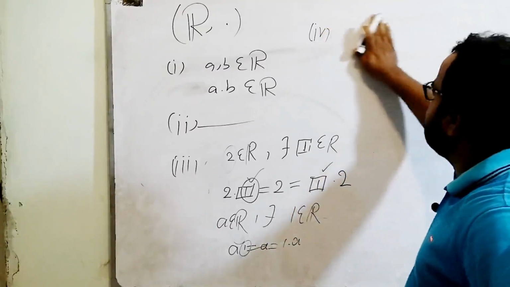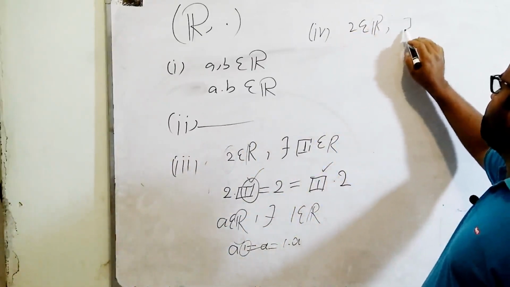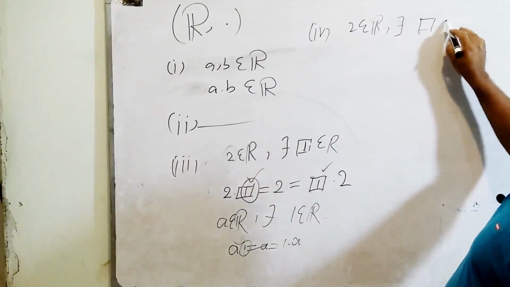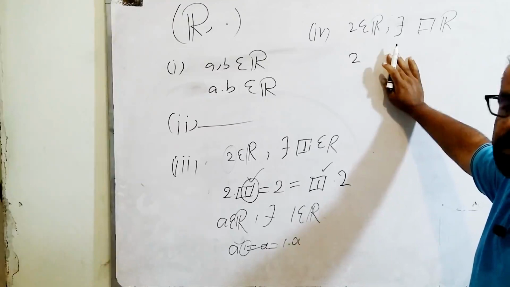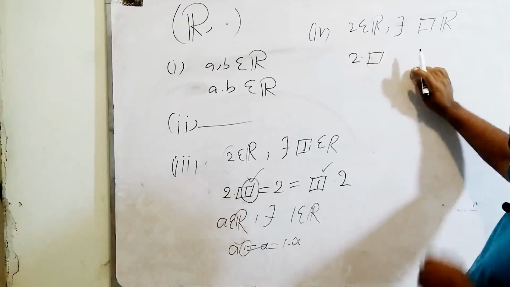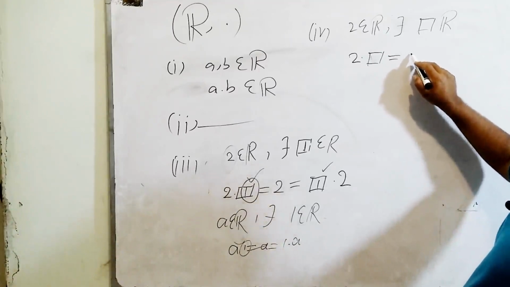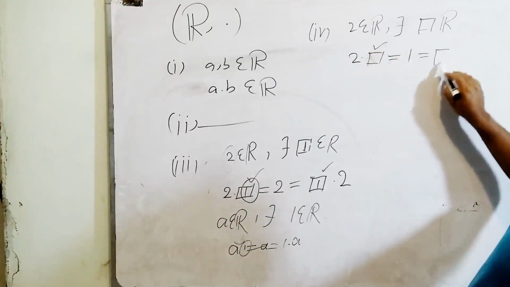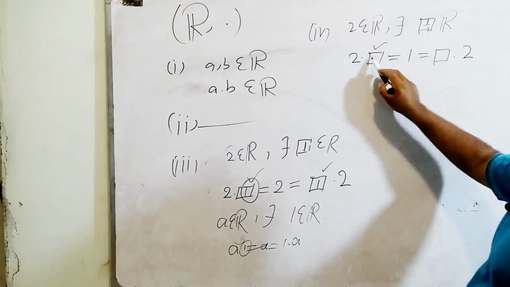First I will take the specific case, 2. There must exist a real number such that when we multiply with it, on the right side or on the left side, our answer should be 1. So of course that real number is 1/2.